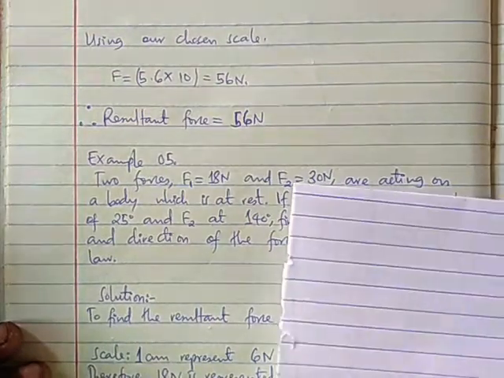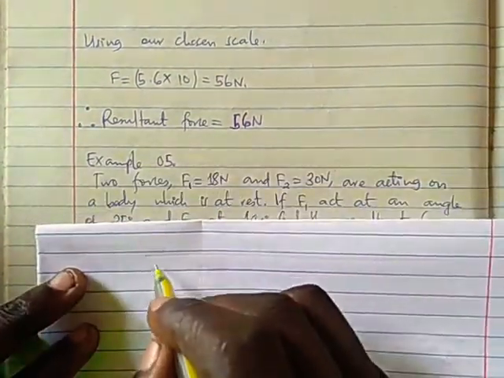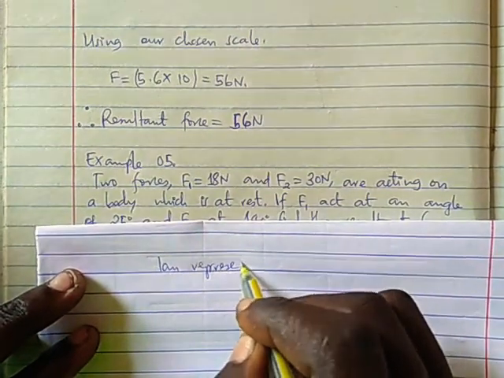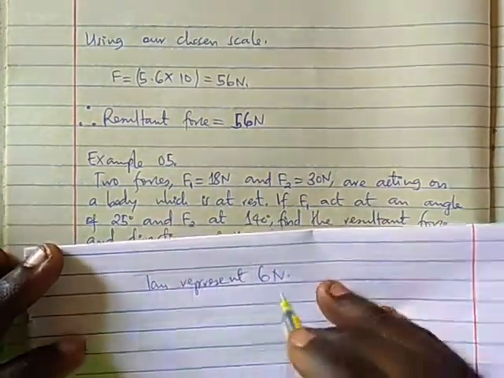So kwanza hapo tutaweka scale. Tutasema labda 1 cm represent 6 Newton.